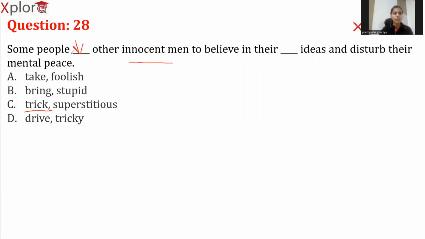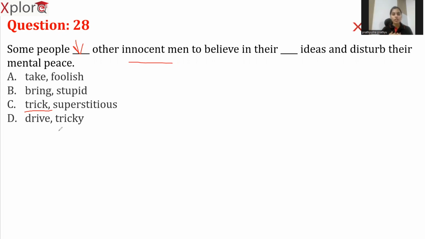It's not like some people take other innocent men to believe. No, I am not taking you. I'm tricking you. And I'm not bringing or driving other innocent men. I'm tricking them. Yes, I'm just fooling them. Tricking them means fooling them. I'm fooling innocent people to believe in my ideas.